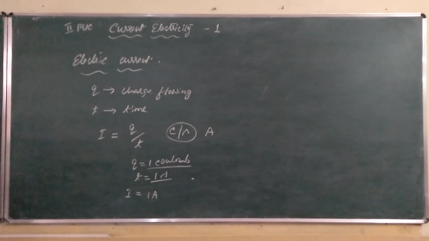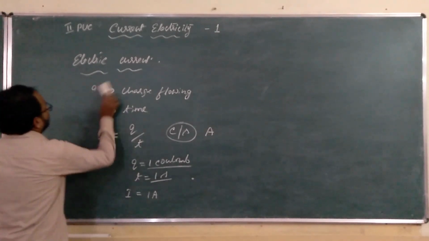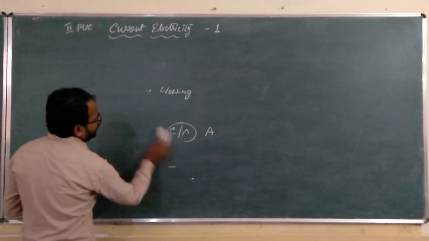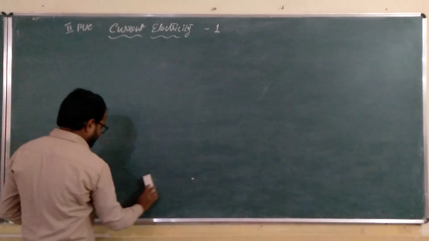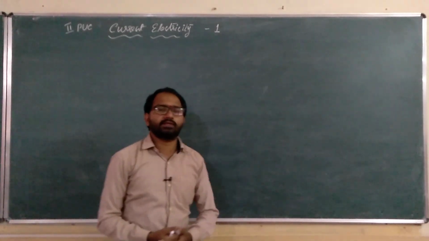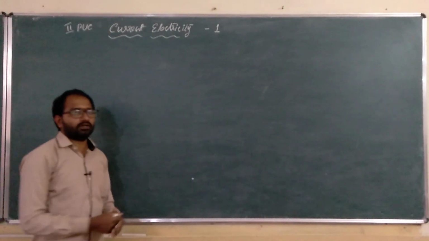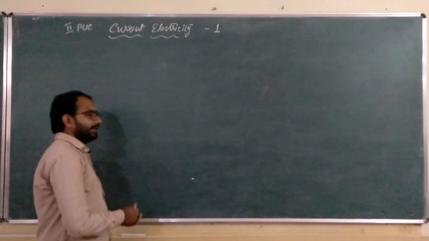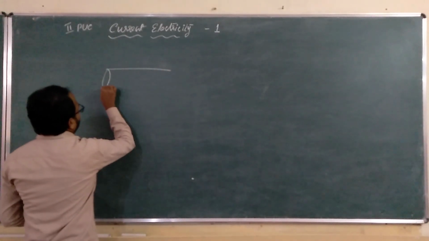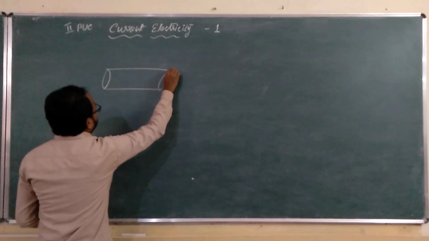If I consider a conductor, as you know, in a metallic conductor there is a large number of free charge carriers, I mean free electrons, moving in all possible directions. They are in random motion. Consider a conductor, say in the form of a cylinder.